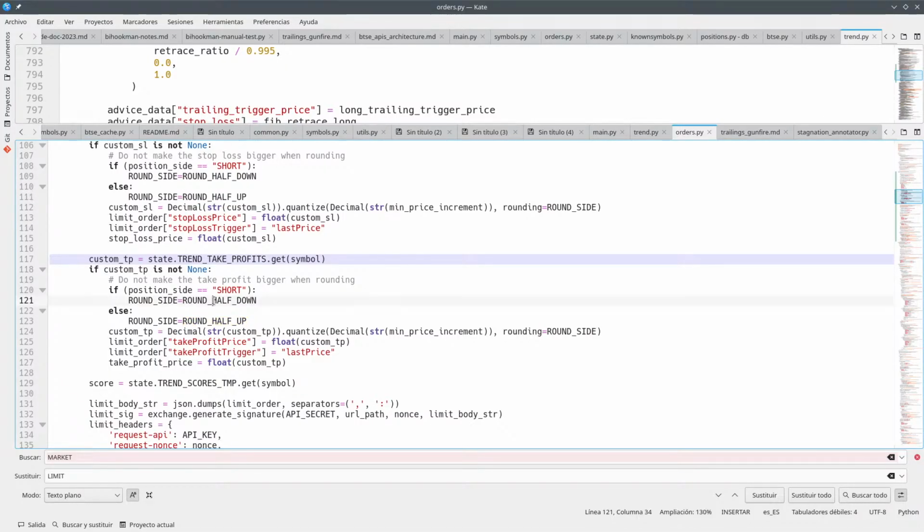So if it's short, the take profit should be downwards. That's right. But this should be the other way around, isn't it?